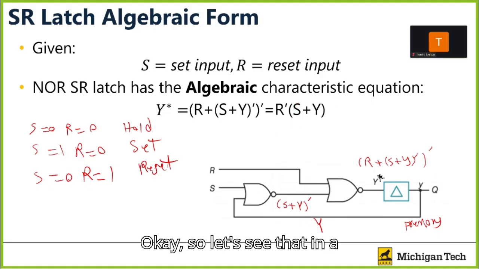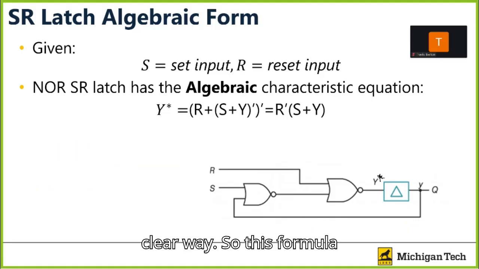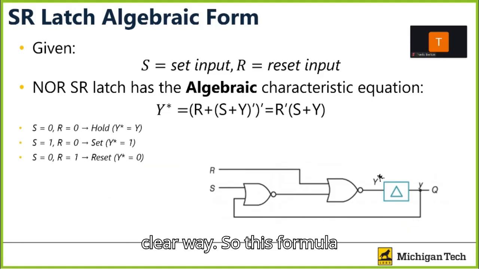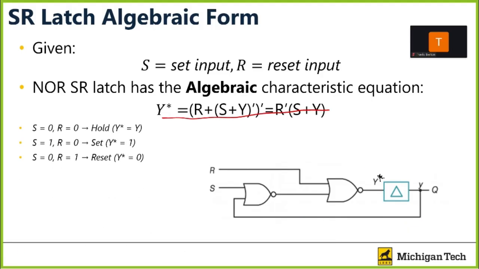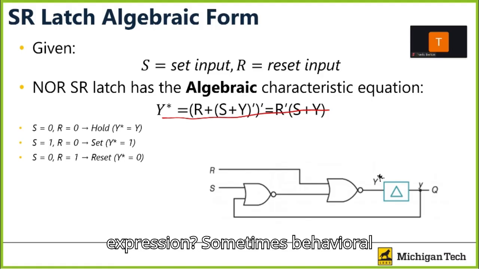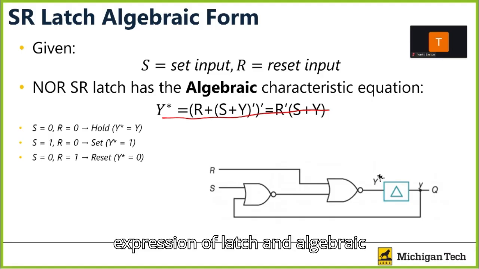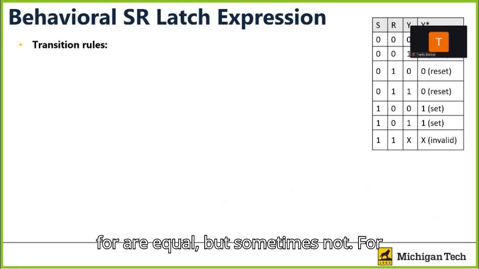Okay, so let's see that in a clear way. This formula shows the algebraic form of the SR latch. But what about the behavioral expression? Sometimes the behavioral expression of a latch and the algebraic form are equal, but sometimes not.